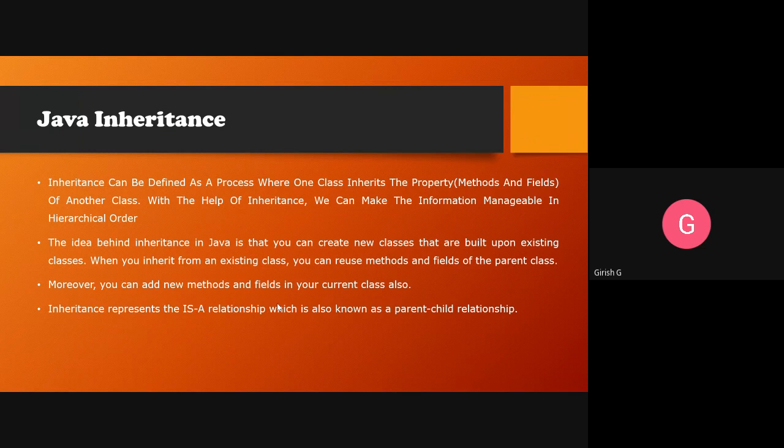The idea behind inheritance in Java is that you can create a new class built upon existing classes, providing a new implementation using those existing implementations. When you inherit from an existing class, you can reuse the methods and fields of the parent class. Moreover, you can add new methods and fields in your current class also.